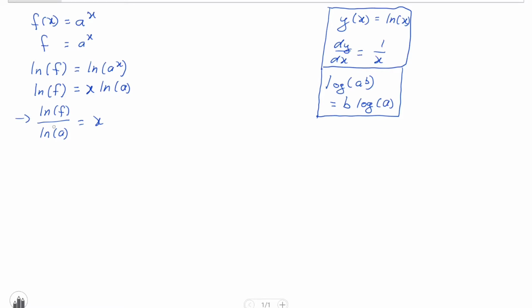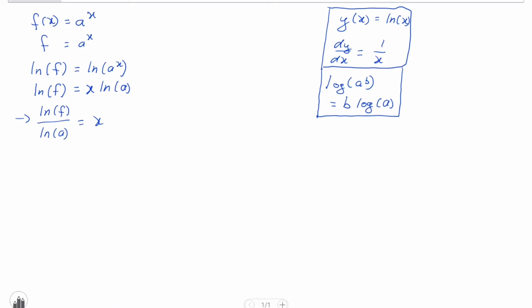Now, remember that natural log a is a constant. This value here is our value f, whose value depends on what x is equal to, if you recall that from earlier. So we've kind of got the reverse situation happening now, where we've got some function of x with respect to f, where before we had a function of f with respect to x.